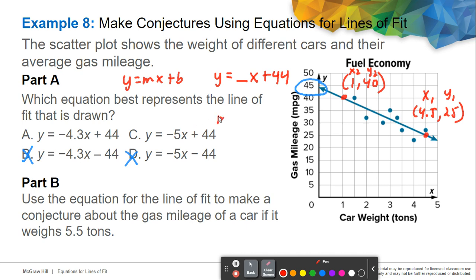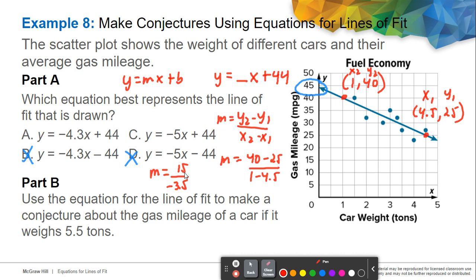Let's find the slope. Remember, the slope is y sub 2 minus y sub 1 over x sub 2 minus x sub 1. So we have 40 minus 25 over 1 minus 4.5. We know that 40 minus 25 is 15, and 1 minus 4.5 is negative 3.5.